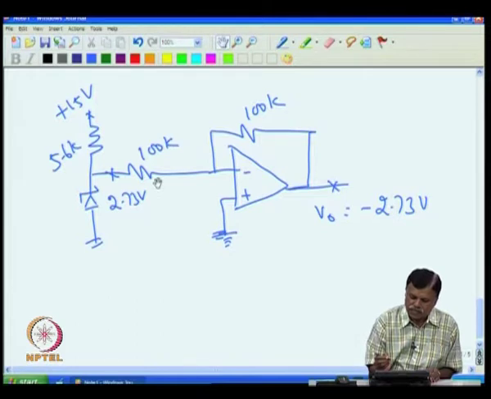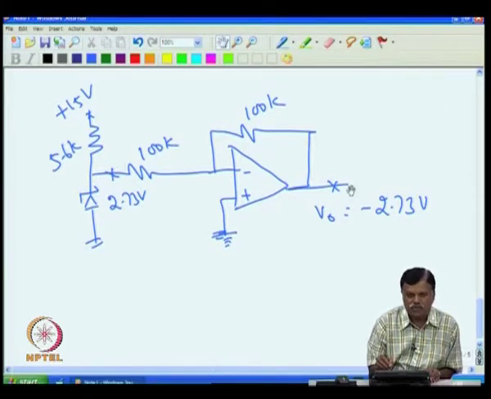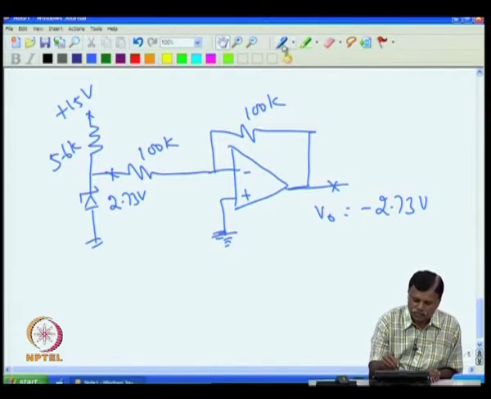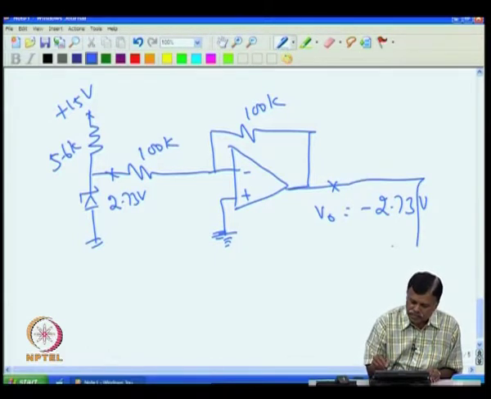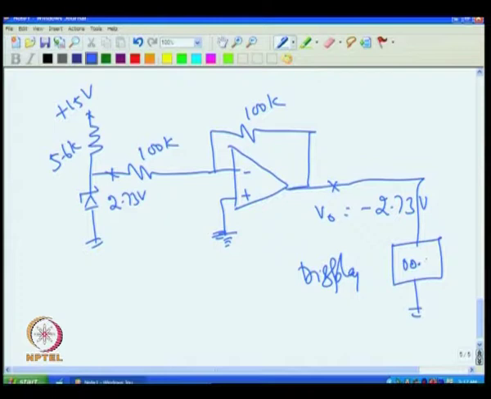But then our original aim was that V0 should be 0 volt when the temperature is 0 degrees. Suppose if they keep this one in ice, then this will give me 2.73, but I want 0 volt here, so that I can connect a meter, a display here, and the display will show me the actual temperature. That is our aim. If the display shows that, I am happy.